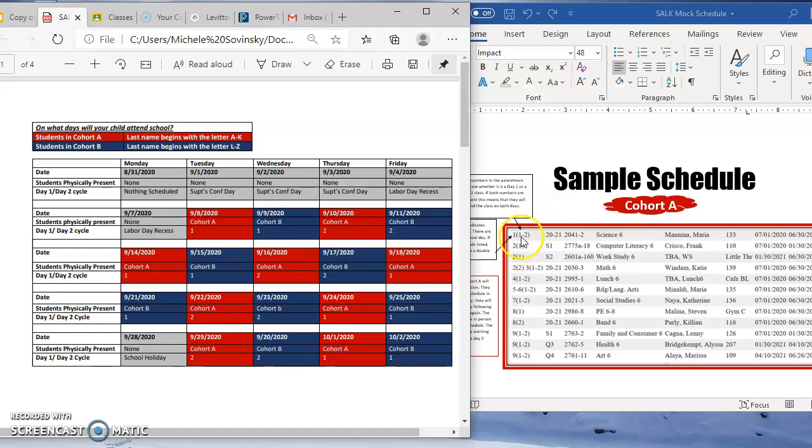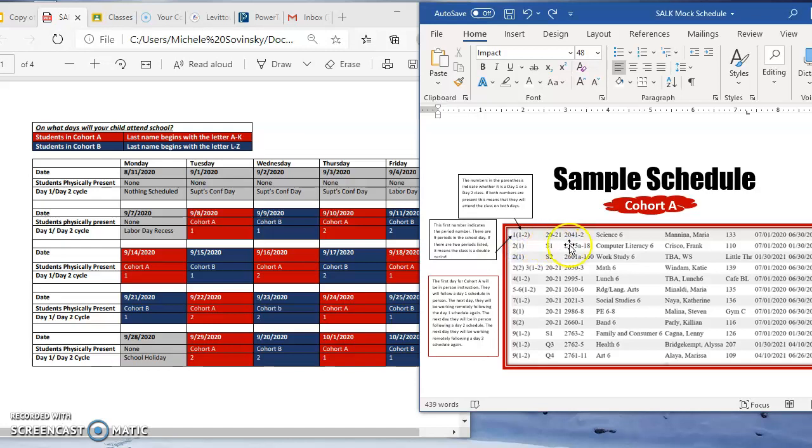If there are both day one and day two, it means that this class is taken on both days. For example, this second class here, computer literacy, is only taken on day one. On day two, instead of computer literacy, they would go to math.